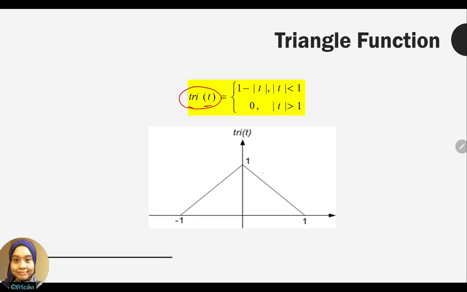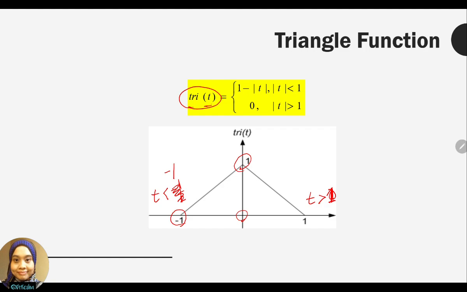If you see on the graph over here, the amplitude will be 1 at 0 origin here, and 0 from negative 1 and below, and will be 0 when t is more than 1. Sorry, this is not negative half, negative 1, this is positive 1.